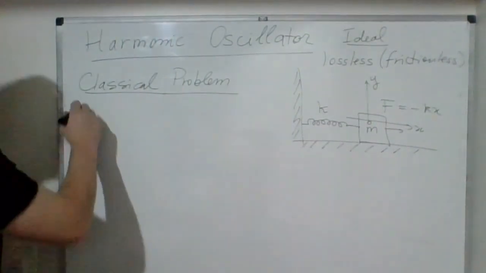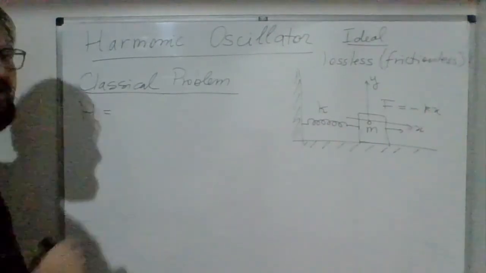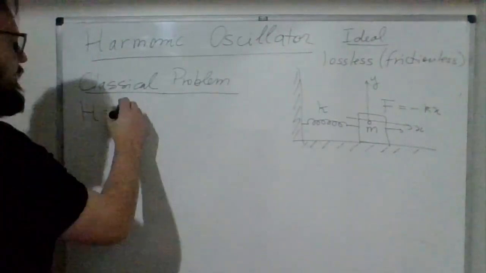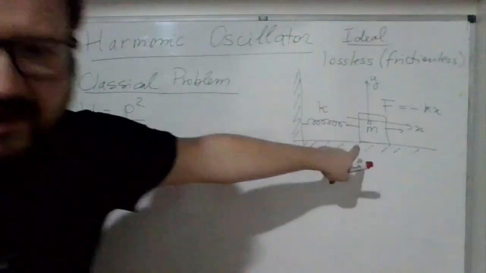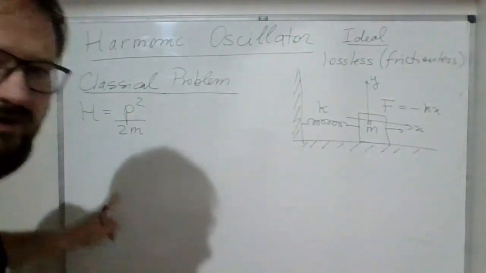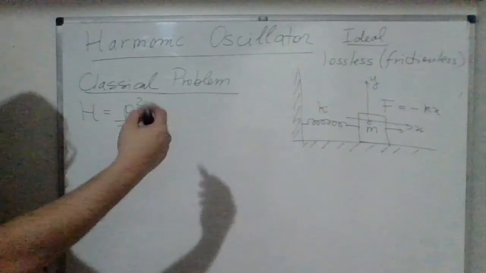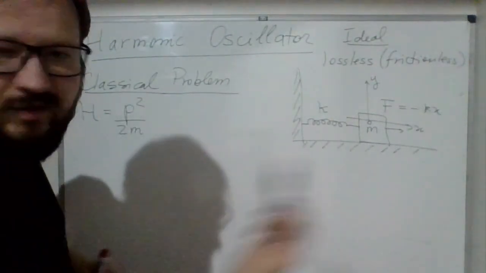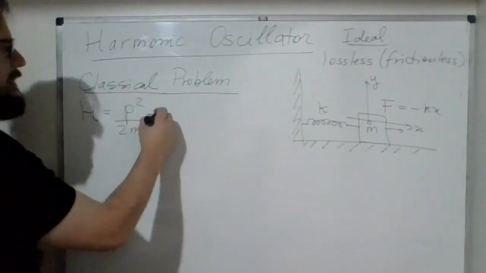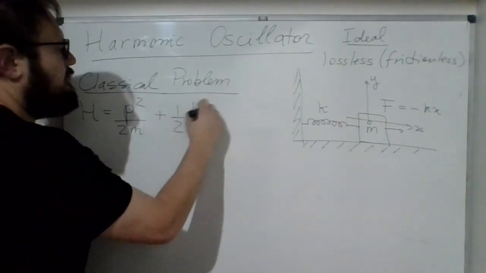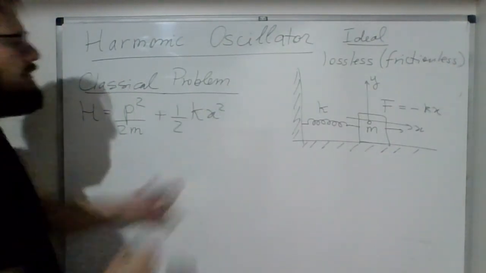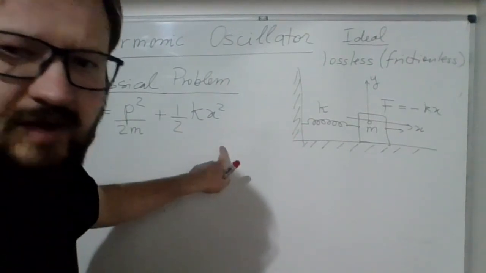So there is a Hamiltonian which corresponds to some kinetic energy, p squared divided by twice the mass of that object. All right, so this is the Hamiltonian of the problem, corresponding to the kinetic energy of the motion of that mass, plus some potential energy.